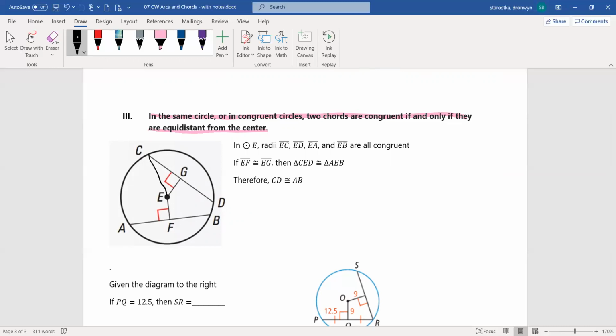Boom, boom, boom, boom. We already know those triangles are congruent by hypotenuse leg. And so if the triangles are congruent, then EF must be congruent to EG. So what we're saying in reverse is if EF is congruent to EG, then the triangles are congruent.